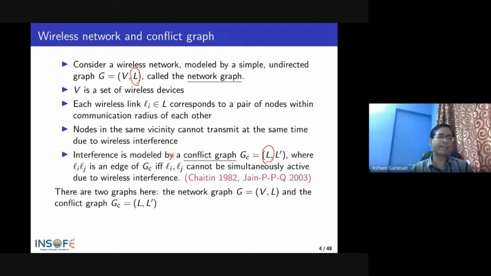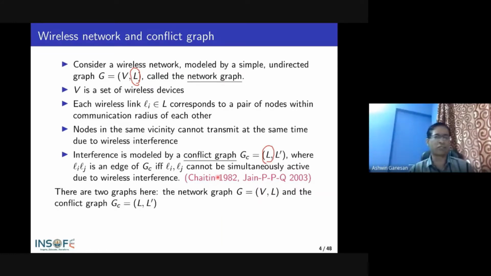Now, how exactly the adjacency relationship in the conflict graph is determined depends on the particular context. It depends on the application. We'll look at a couple of different ways to do that. This notion of using conflict graphs to model interference was proposed by Jain and his co-authors in 2003.